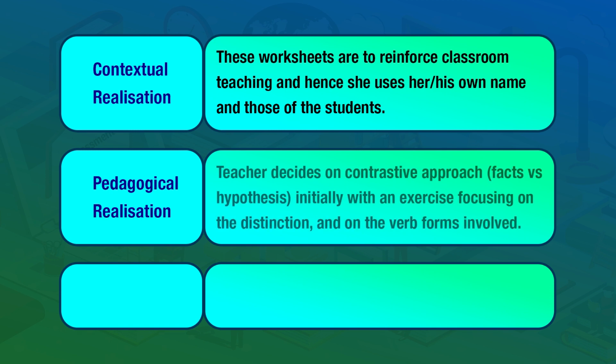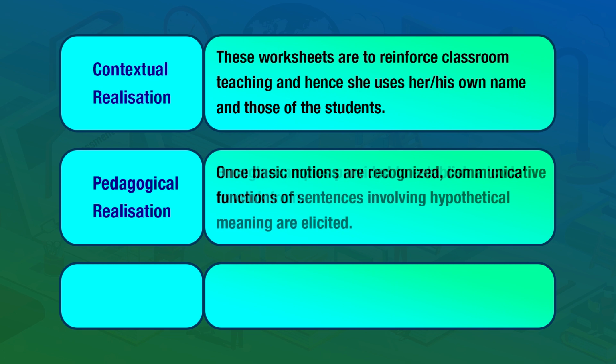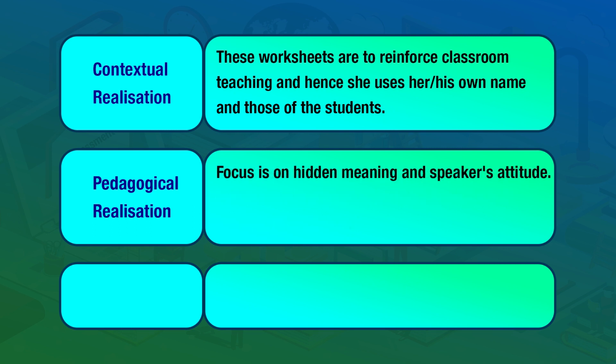The teacher decides on the contrastive approach, fact versus hypothesis initially, with an exercise focusing on the distinction and on the verb forms involved. Enough examples are provided to establish a code to work from. Once basic notions are recognized, communicative functions of sentences involving hypothetical meaning are elicited. Focus is on hidden meaning and the speaker's attitude.